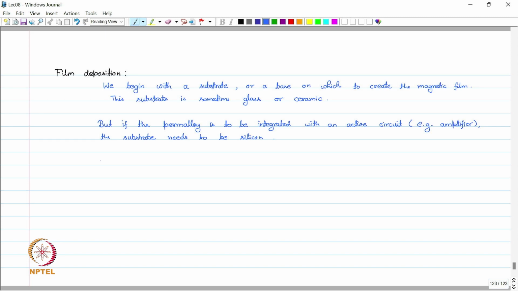The substrate must be smooth because the film is very thin.